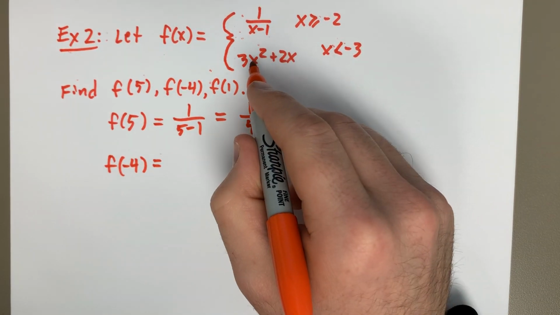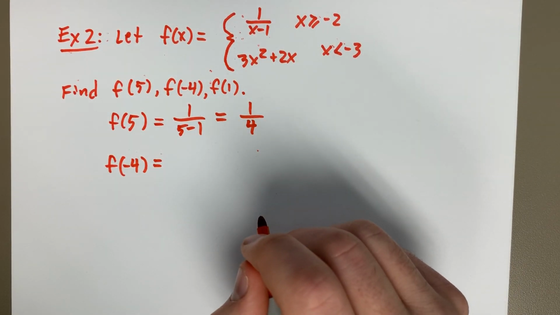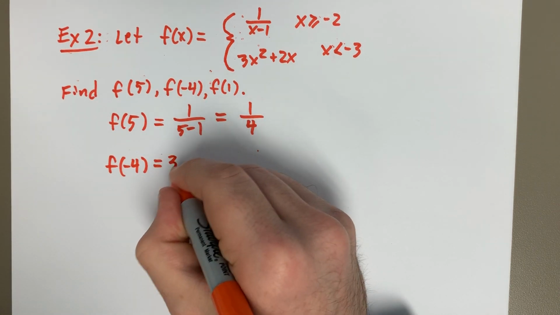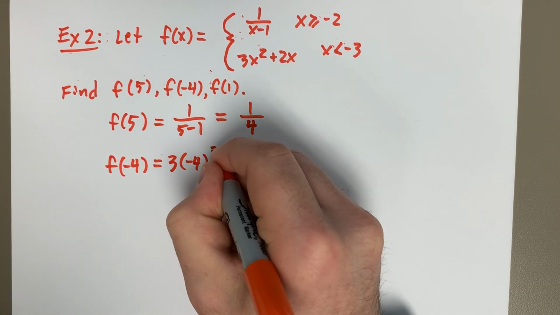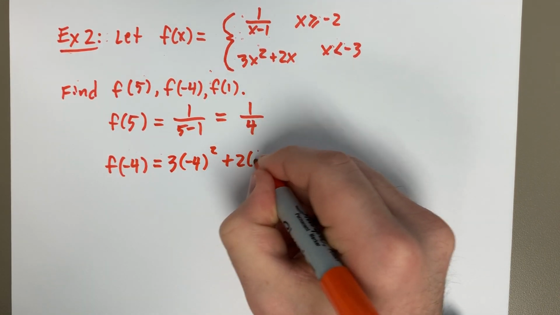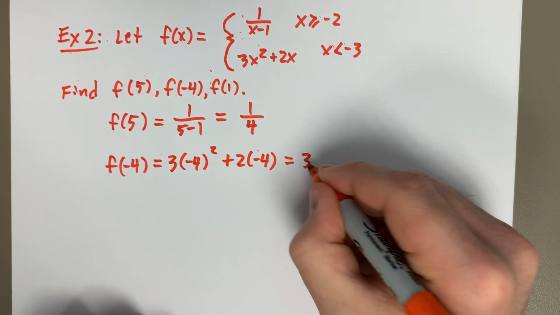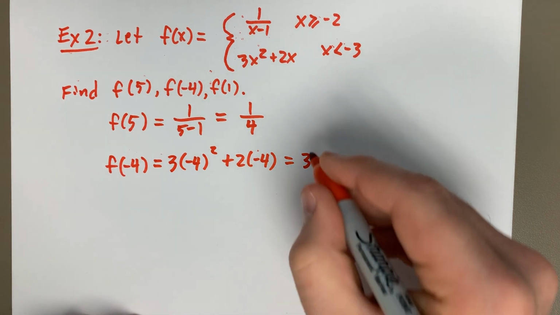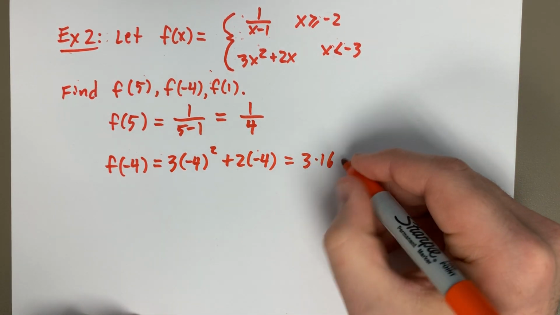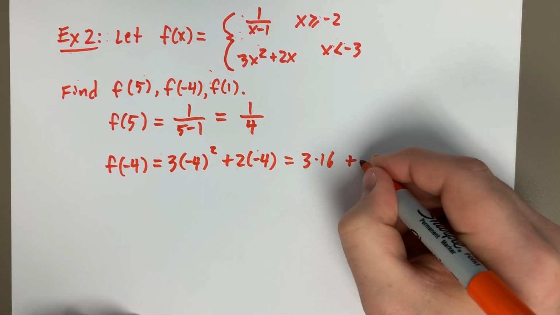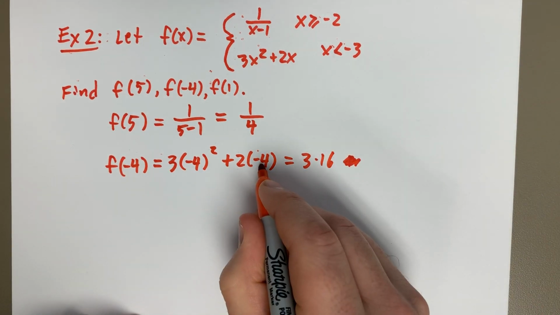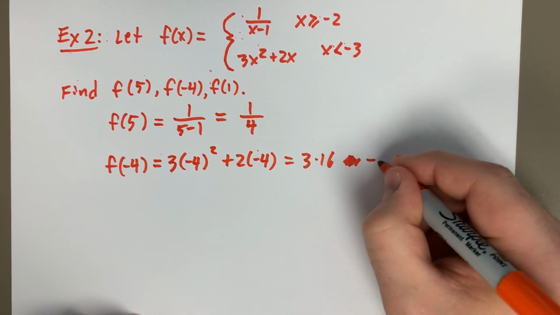Every place we see an x in the second piece, we're going to replace it with a minus 4. So this gives us 3 times minus 4 squared plus 2 times minus 4. Simplify where appropriate. So we have minus 4 squared, which is just positive 16, minus, because we have a minus 4 times positive 2, so minus 8.